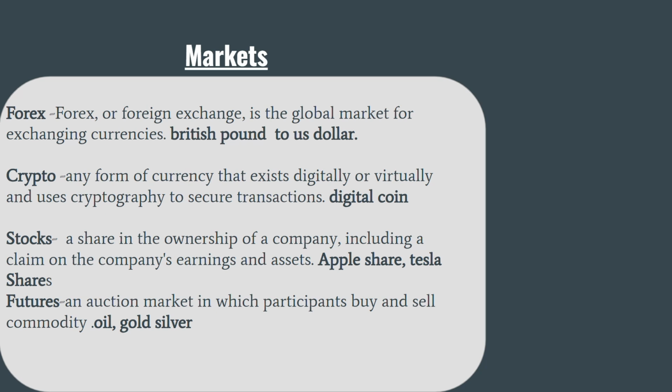We buy shares, and if the shares go up, then we make profit. If the shares go down, then we lose money. Basic investing, right? Then there are futures, which are real life resources. That's not a digital coin, that's not currency, and that's not a company. These futures are commodities like oil, gold, silver.